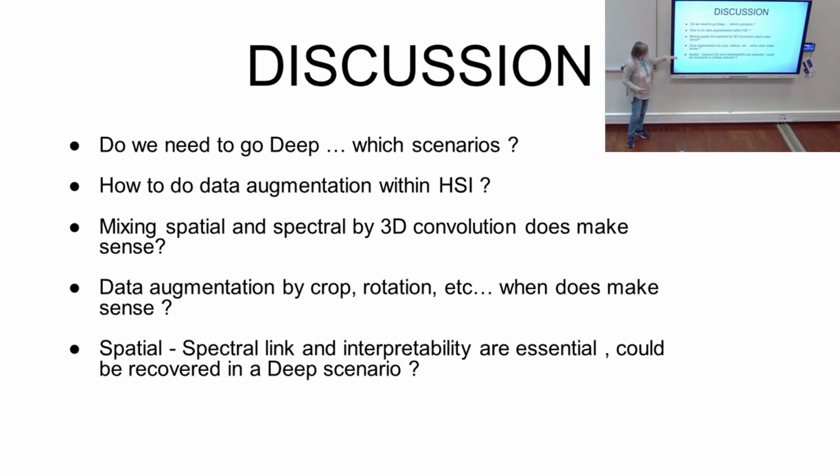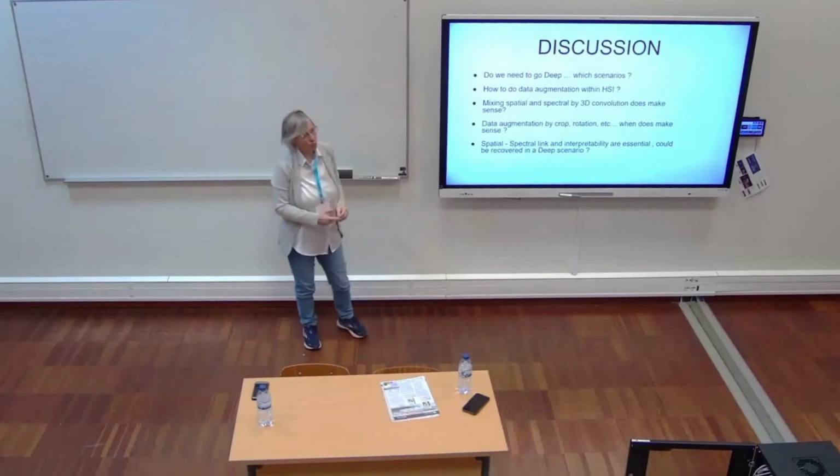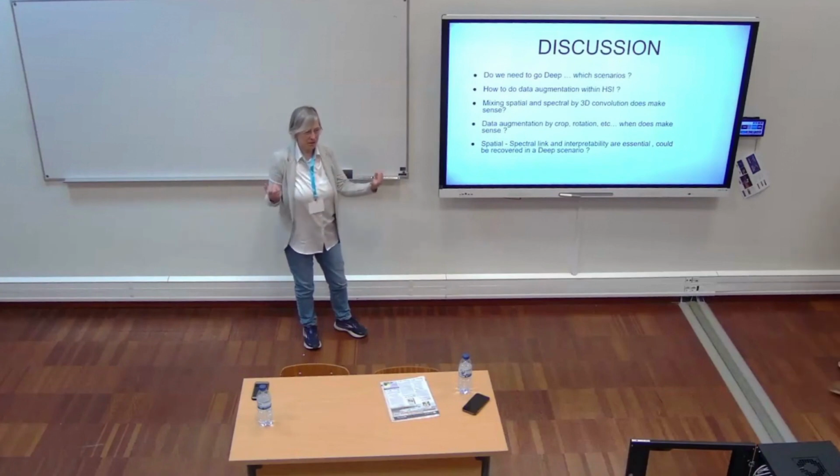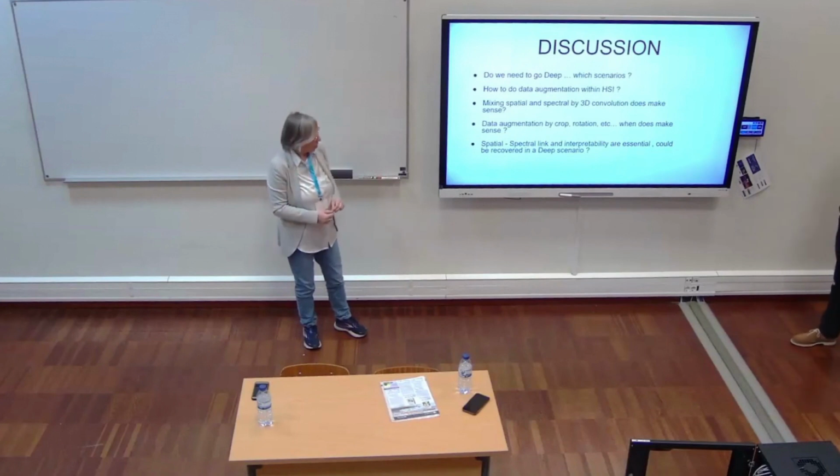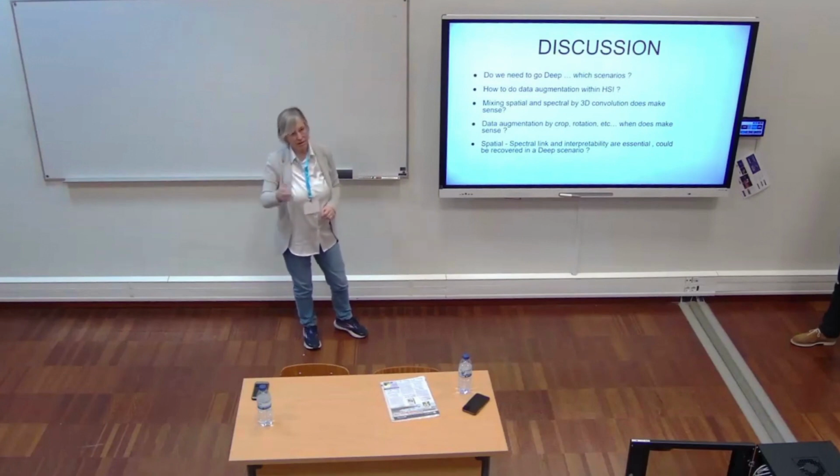And one other thing is that as chemometricians, we are very keen and willing to maintain interpretability, both in the spatial and spectral domain, and especially the link between the two. So that's something that I don't know how far can be recovered if we go in a deep scenario.